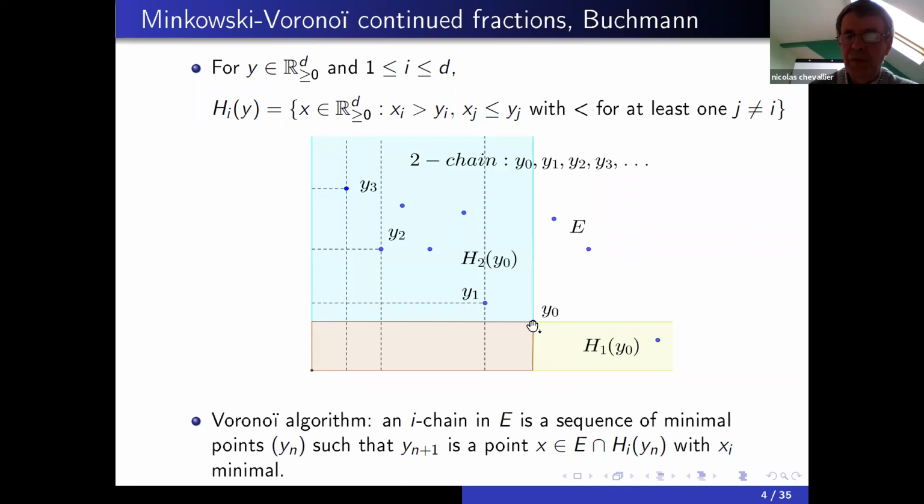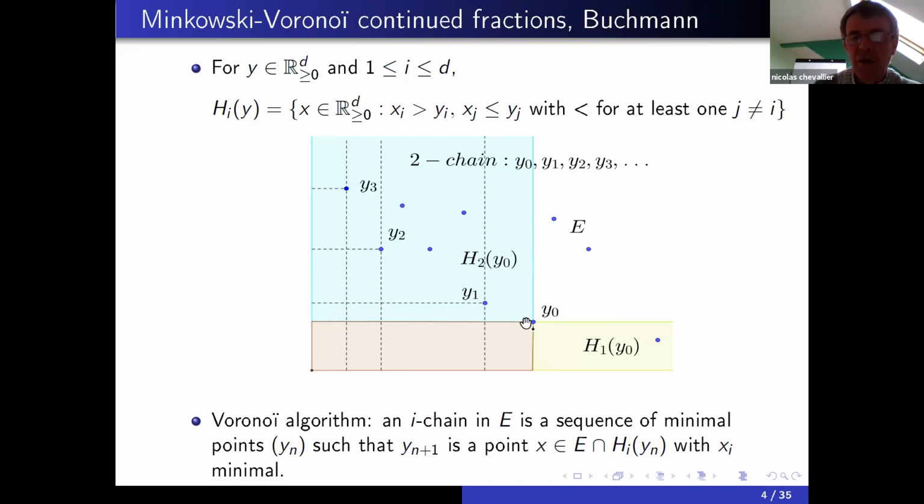So you start with one minimal vector, for instance, y0 here, a minimal vector in the set E. It is minimal because there is no point smaller than this one for the natural order of the positive quadrant. The rectangle here is empty.